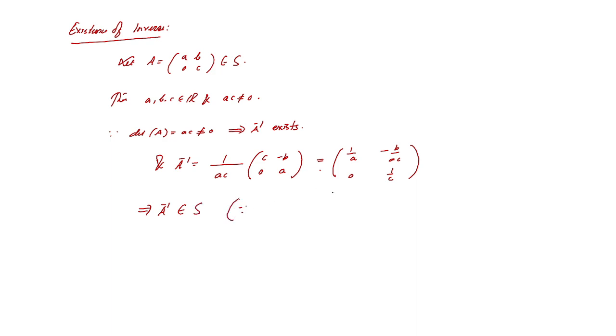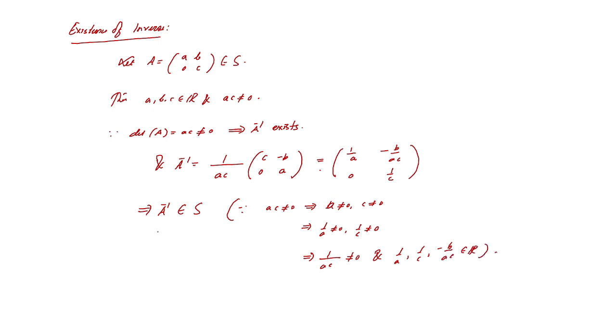Why? Because all are real numbers. 1 by A, 1 by C, since AC non-zero, that implies A is non-zero and C is also non-zero, and that implies 1 by A non-zero, 1 by C non-zero, and all of 1 by A, 1 by C, minus B by AC are real numbers.